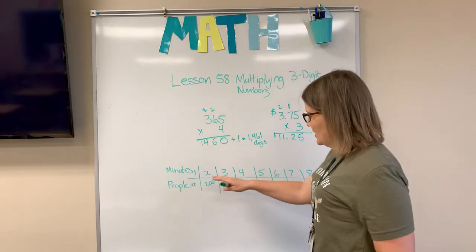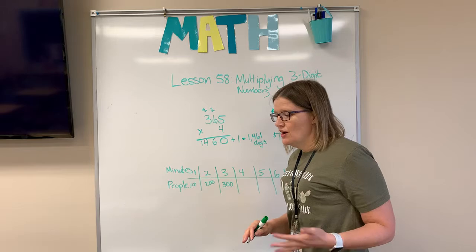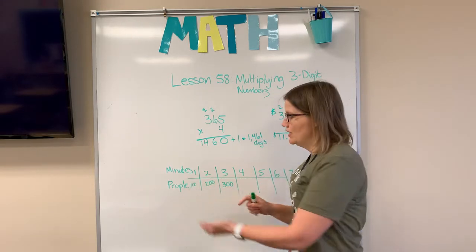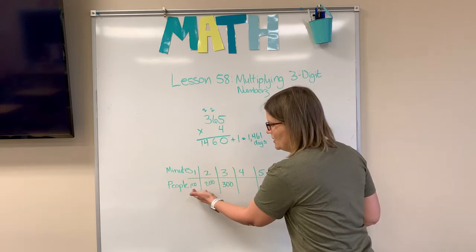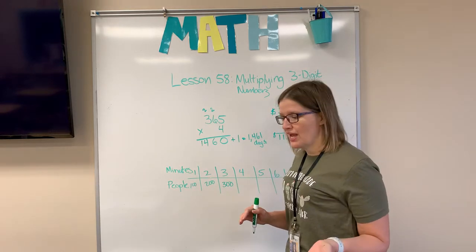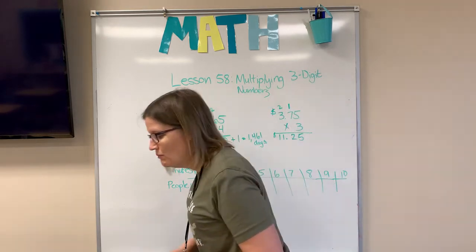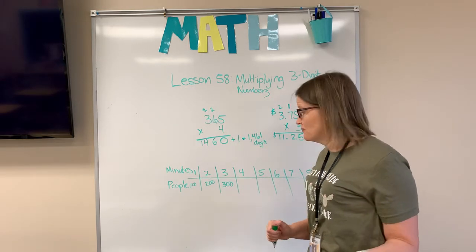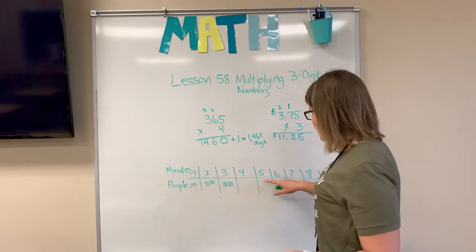Our last one is an issue at the stadium gate. It is a rate problem. For every minute, 100 people pass through the gate, and they want to know how many people are going to go through in 10 minutes. So we can look at this as a rate problem.